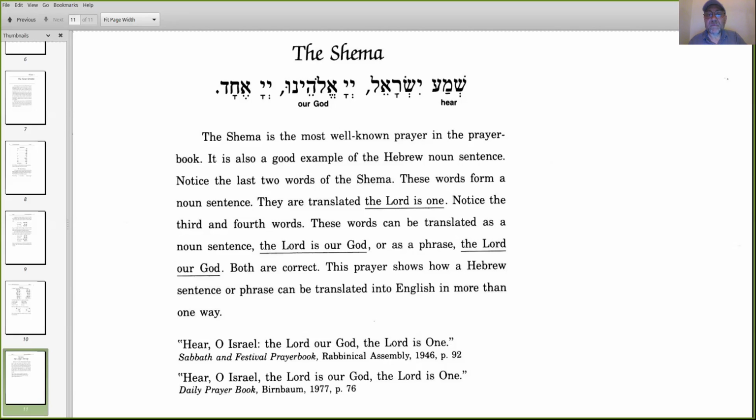So we have Shema Yisrael. And then notice this is that little abbreviation that we were talking about earlier, where really the name should go in there. So we could put Yod, Hey, Vav, Hey, and we could put Yahovah in there.